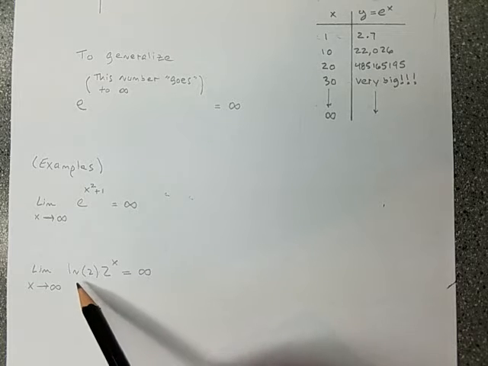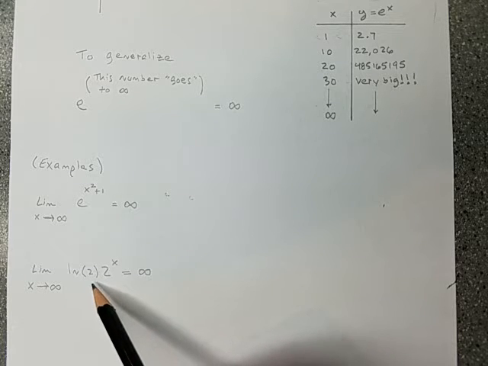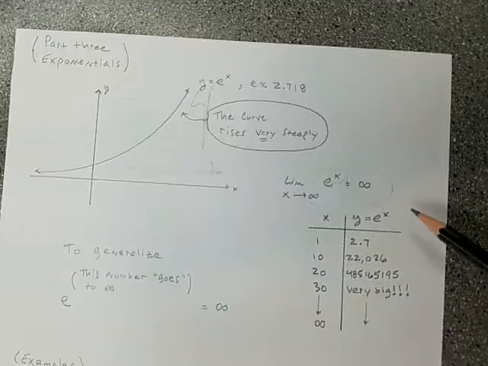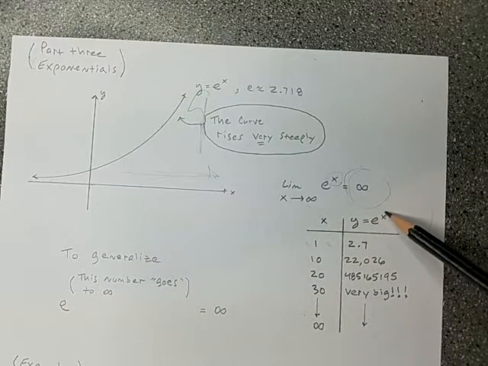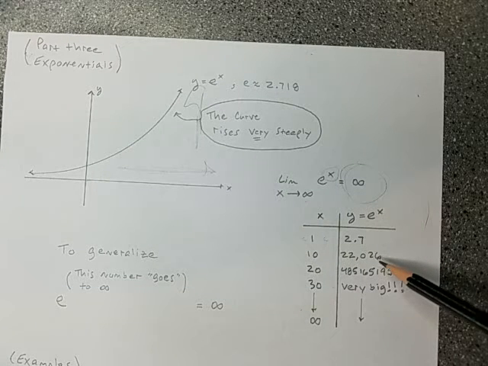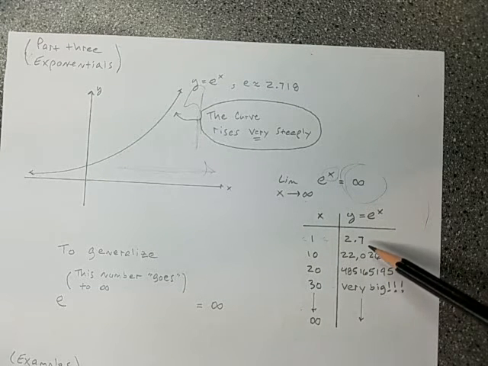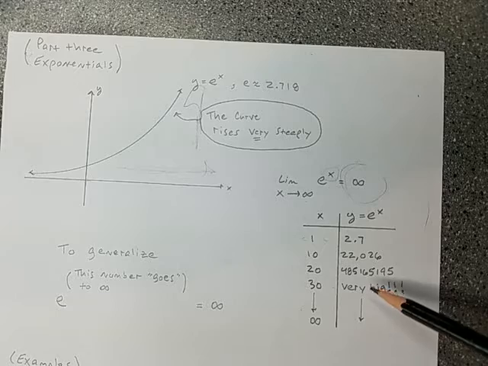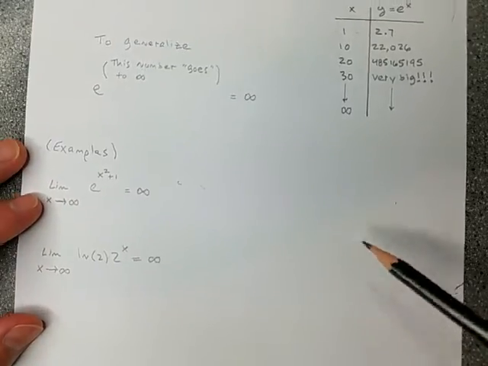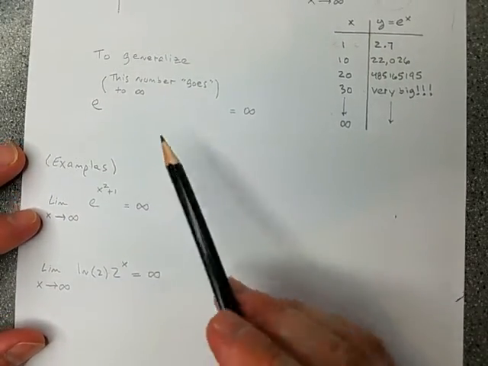If you have a constant times that, well, that's not going to change it. Say I had a constant here times this. These numbers are going to get big even if you multiply them all by something. So each of these is going to be under that principle.